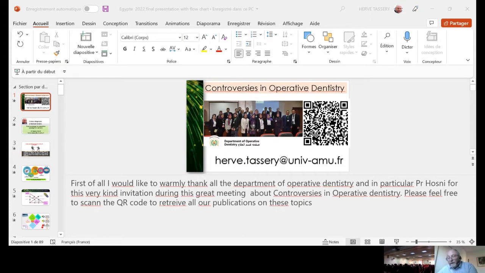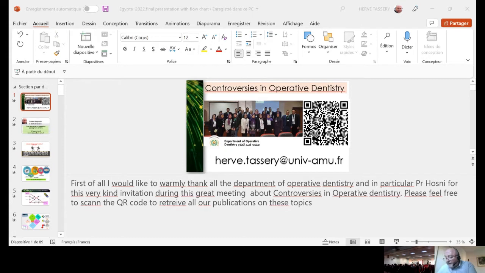The 3 levels of treatment rank as non-invasive, micro-invasive, and invasive should integrate ion release biomaterial according to the individual caries risk, the caries activity, and the clinical situation.